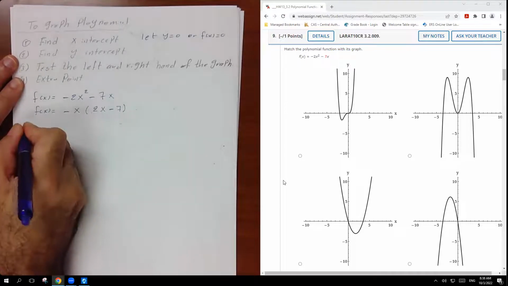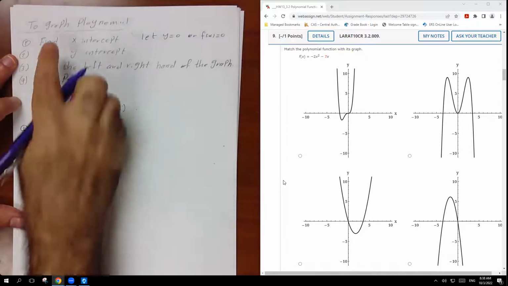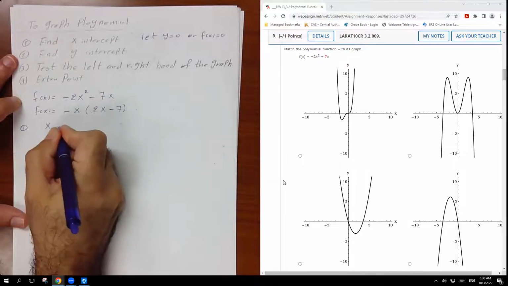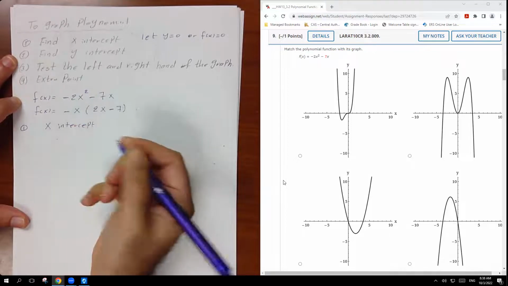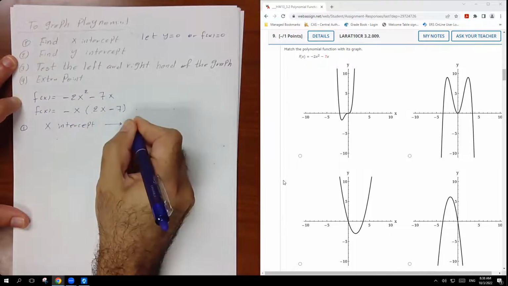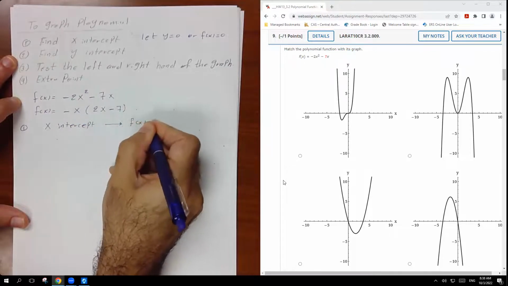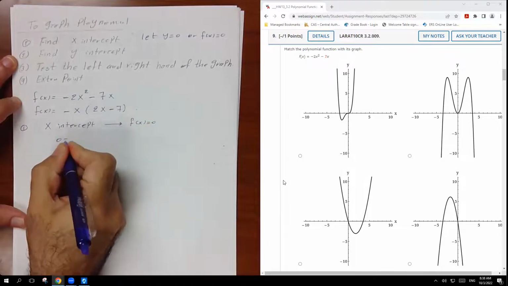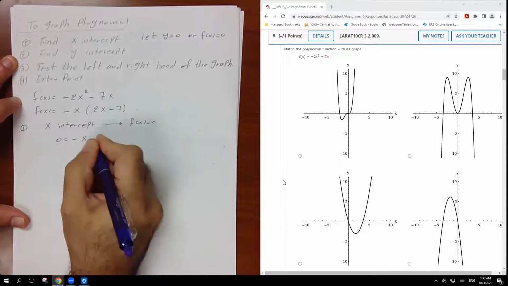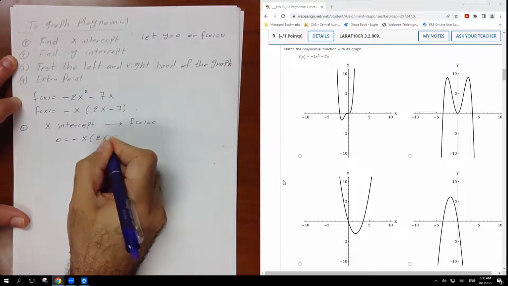Now, step 1, find the x-intercept, which means let f of x equal 0. So I'm going to put 0 here. That means 0 equals negative x times 2x minus 7.